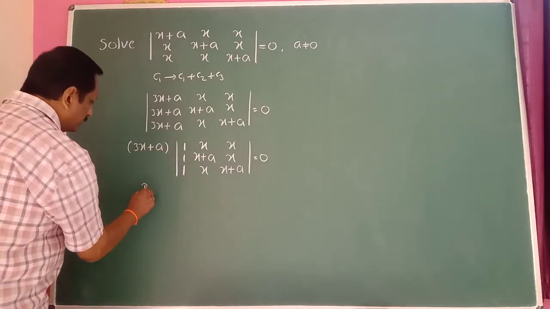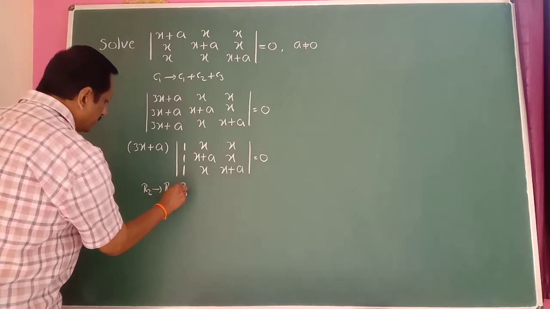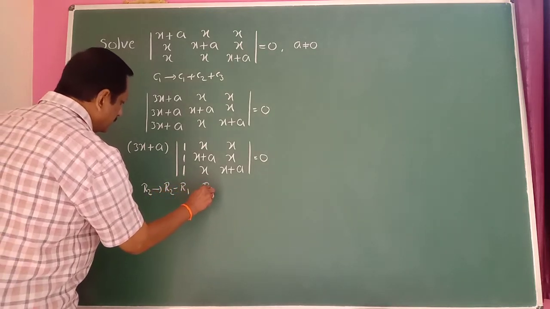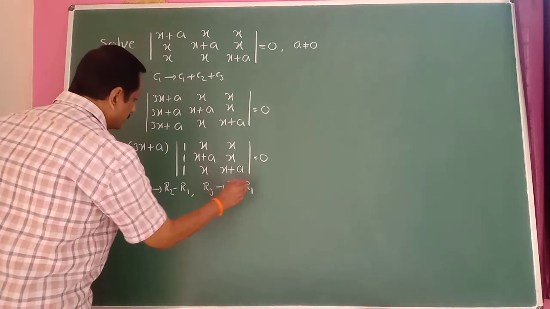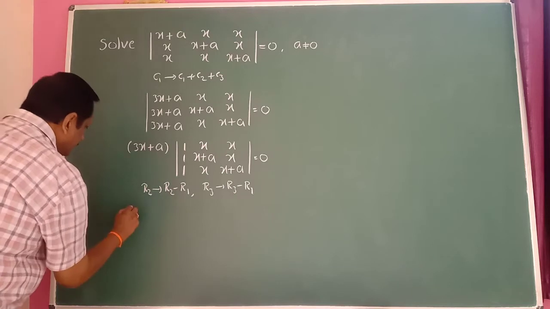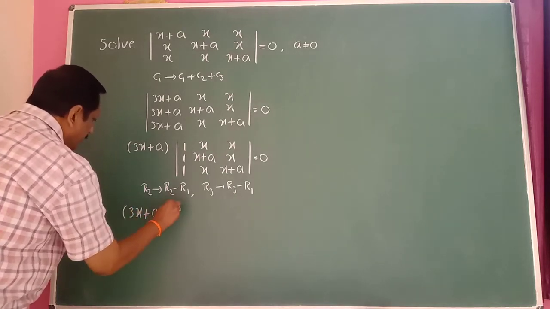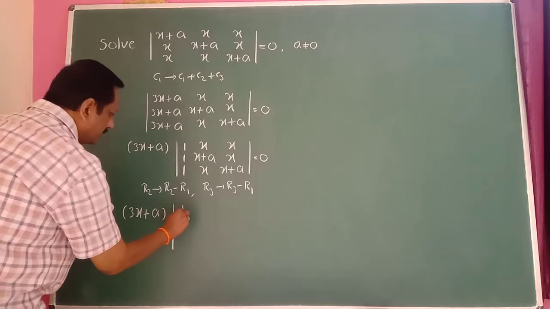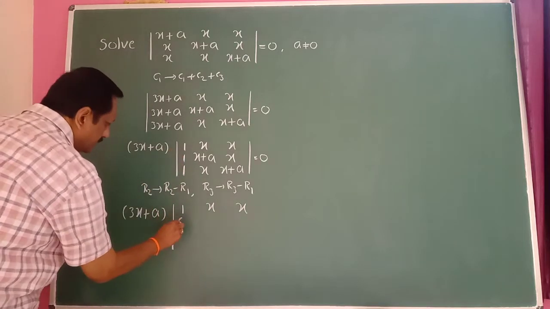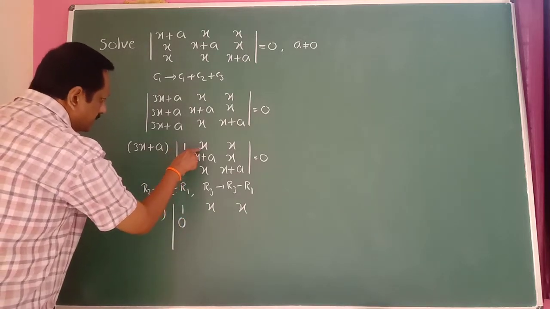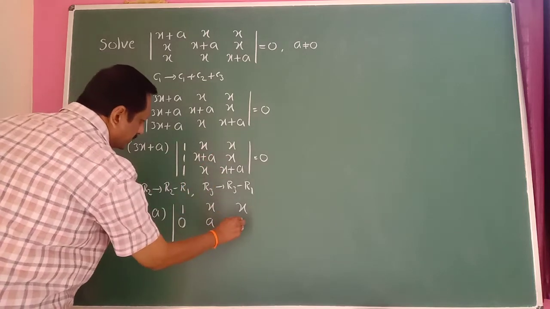So R2 becomes R2 minus R1, and R3 becomes R3 minus R1. Hence 3x plus a into the determinant of 1, x, x.